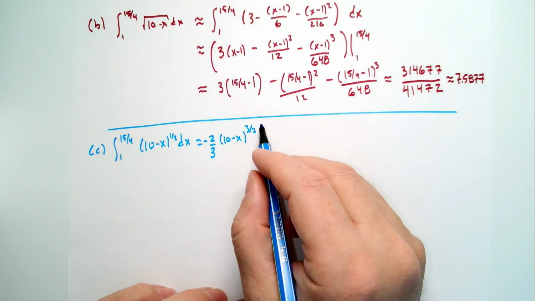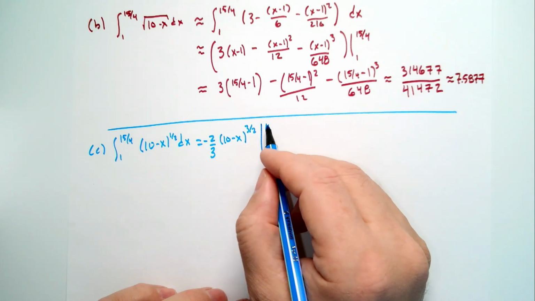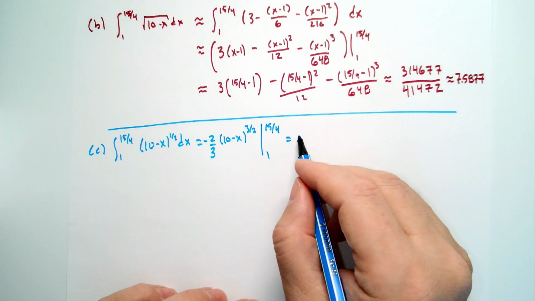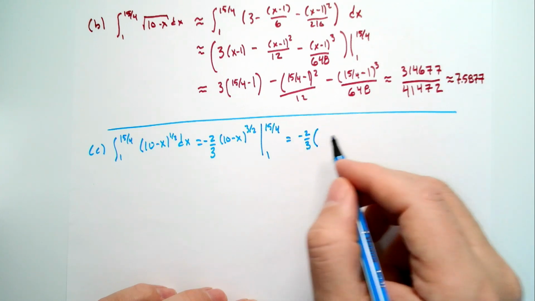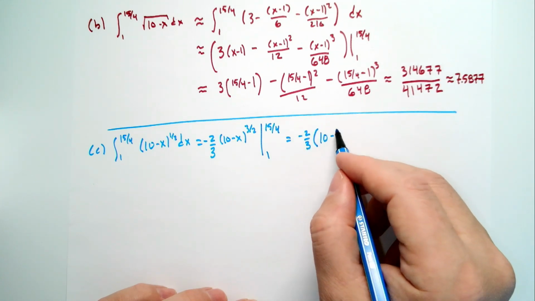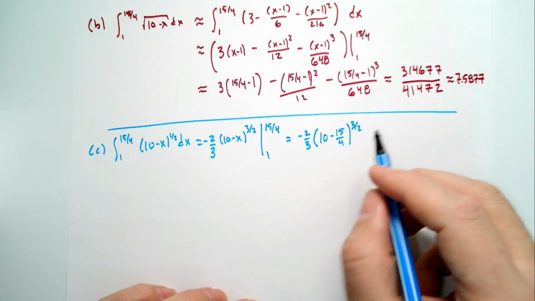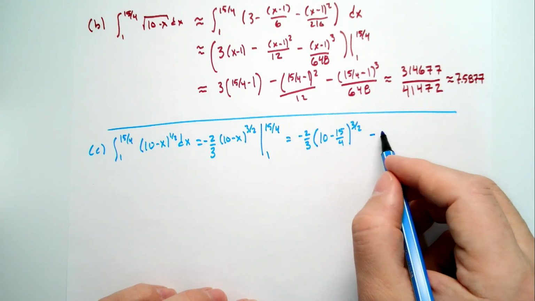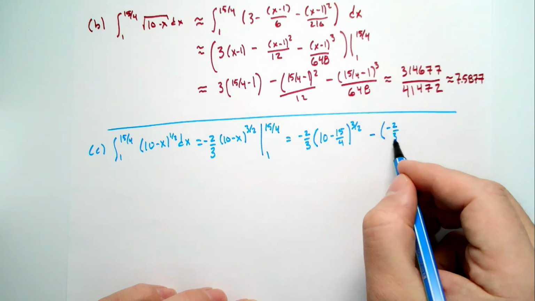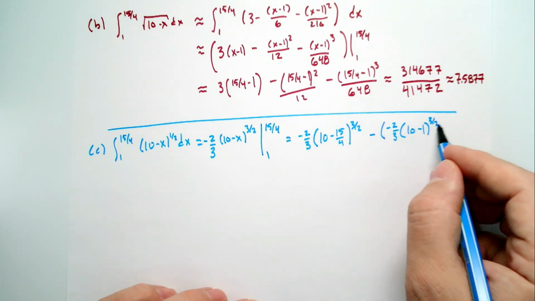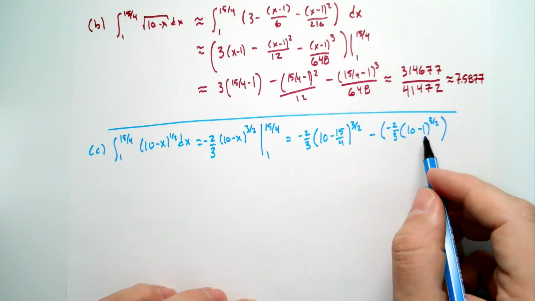And then we need to evaluate that, 1 to 15/4. So that's minus 2/3. We're going to do 10, subtract 15/4 to the 3/2, and then minus 2/3, 10 minus 1 to the 3/2. Now 10 minus 1 is 9.